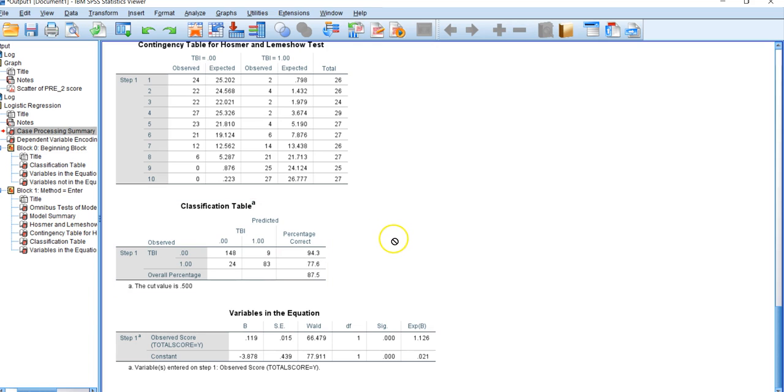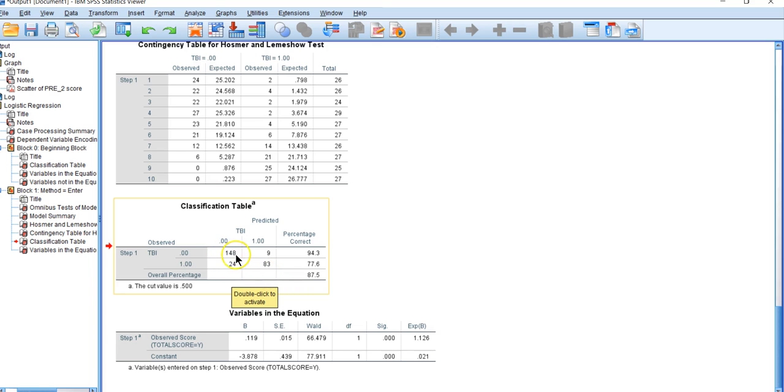In a classification table that it comes out, we observe 0 and 1. So 157 people did not have TBI, and 24 plus 83, or 107 people, did have TBI. And then what did it predict? It predicted 148 plus 24, 172 did not have TBI, and 92 did.